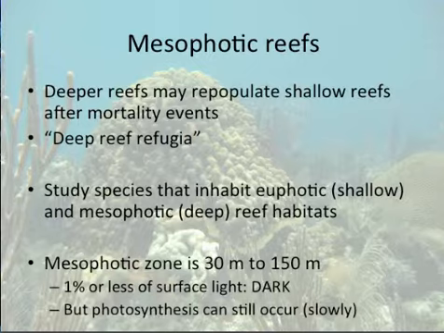I don't have any pictures of sampling down there because the only pictures that are taken are done with expensive dive lights. However, photosynthesis can still occur. So specialized symbionts are able to undertake photosynthesis and possibly provide nutrients to their coral hosts.